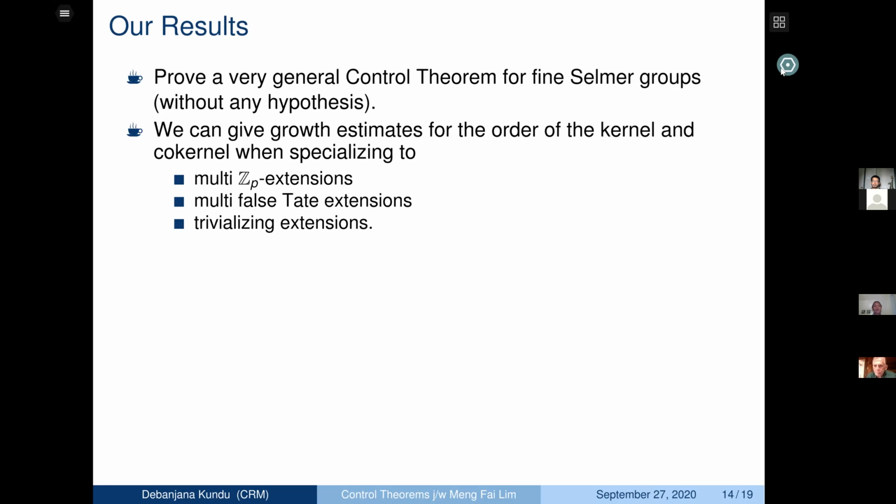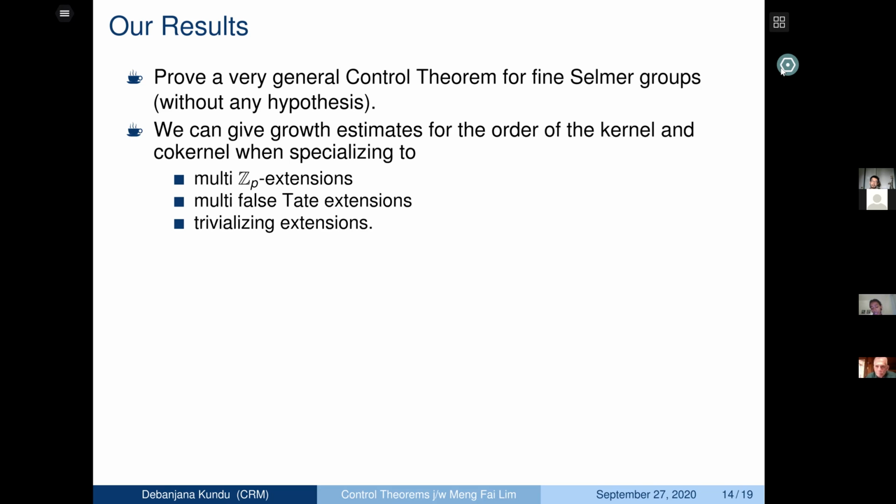So we are able to improve upon the general result of Rubin. Again, we get rid of the hypothesis he had on finite decomposition for multiple Z_p extensions. We are able to study what happens in certain non-abelian extensions, like the false Tate extensions and also trivializing extensions.